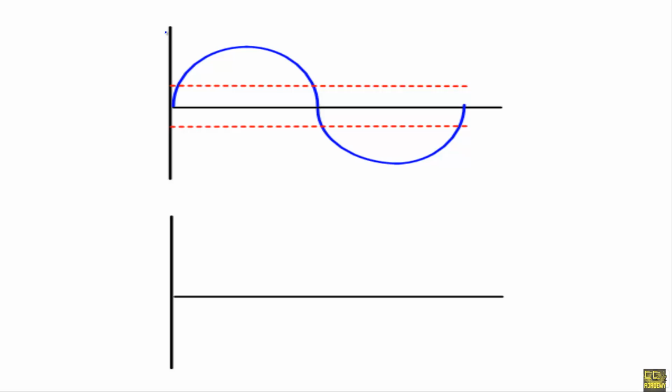So if this is our applied voltage Vi with positive maximum plus 20, and let's say this is that transition voltage of 5.7 volt, in this region D1 and Z1 will not conduct. As a result, Vo is equal to Vi. From this point to this point, our input is changing like this, so our output will follow the input voltage.